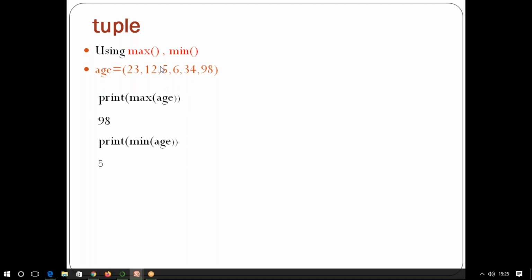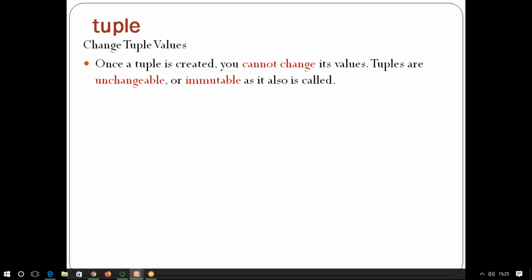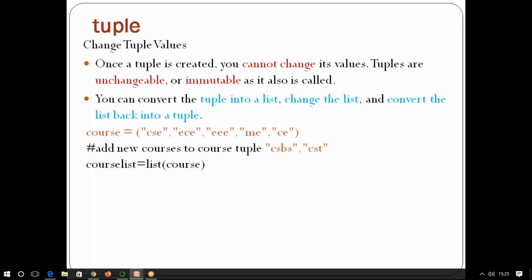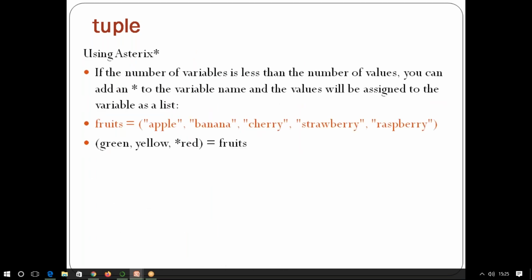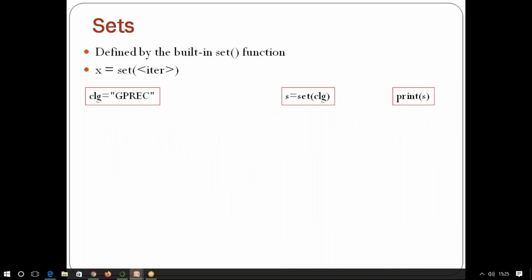Max and min: the max method returns the maximum value, and the min method returns the minimum value. Here in our example, the age tuple is holding all the ages of your students. And this is about tuple.